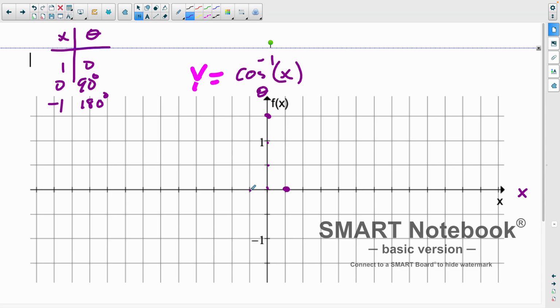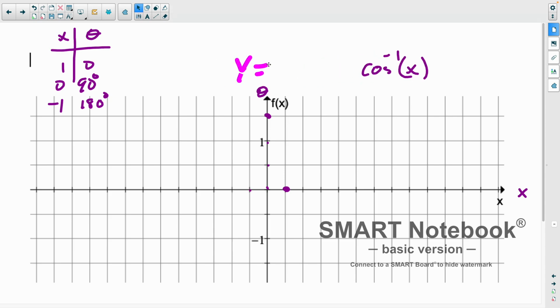So -1 and then 180 would be up there. Let me move my equation just so I can graph that a little bit better. And 1, 2, 3. So it would be right here. It's a very sharp line. Yeah, it is. It depends on how you have it scaled too.